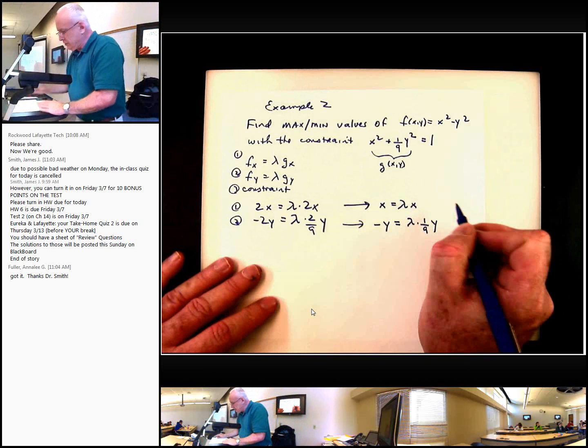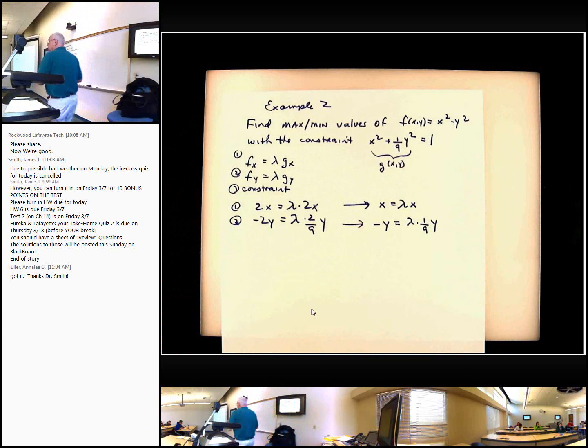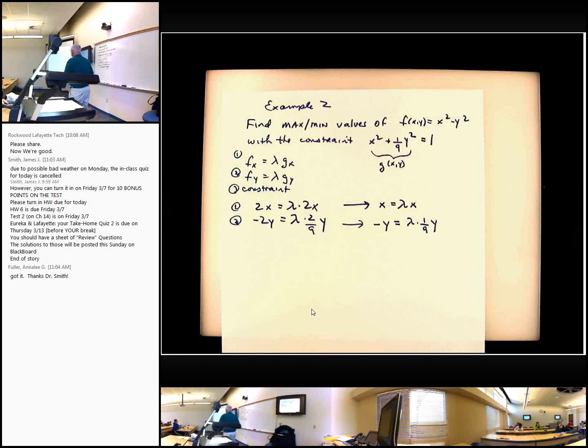Let's look at these two again. This is exactly the same question that I asked before. Okay, we've got those two equations. Now remember, the constraint that has to be realized is that x squared plus 1/9 y squared has to add up to 1.